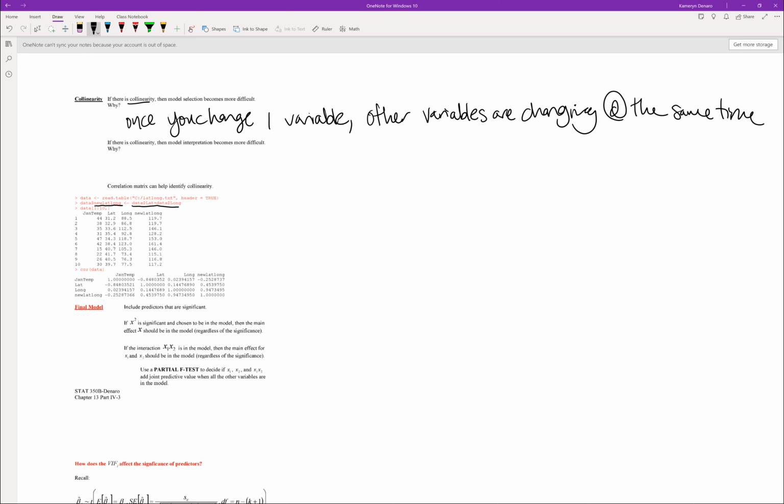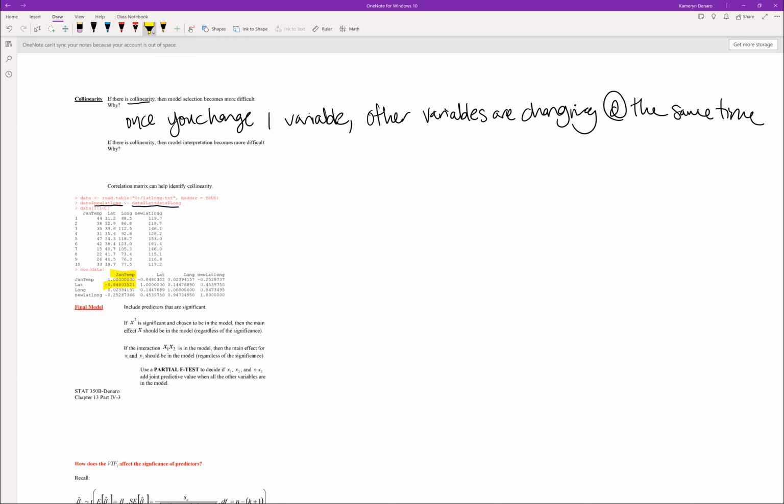So let's check what happens with our correlation matrix. If we look at the January temperature, this is our Y variable, and we look at the correlation between latitude, longitude, and new lat long, we see that latitude has the strongest correlation with January temperature.